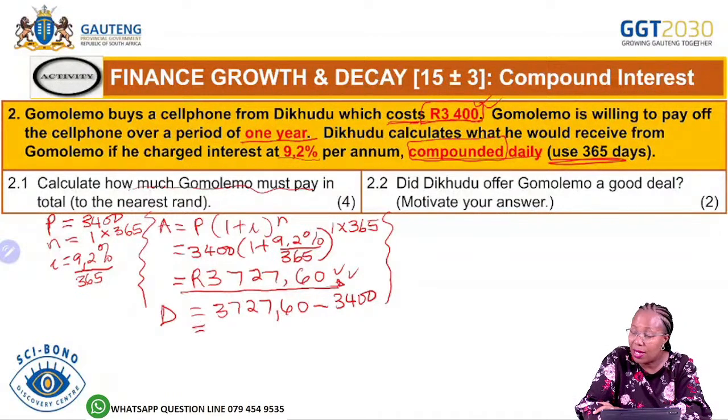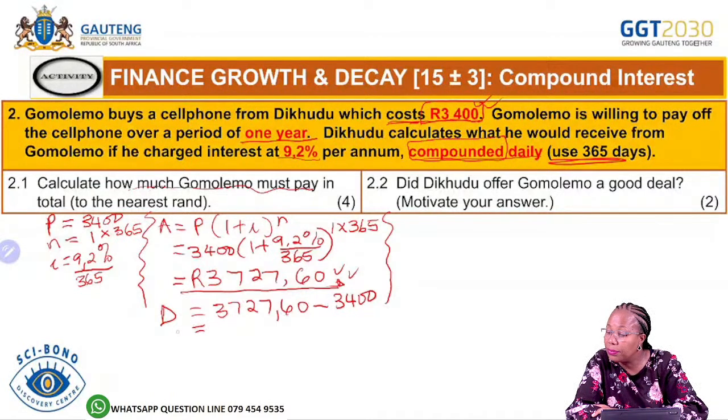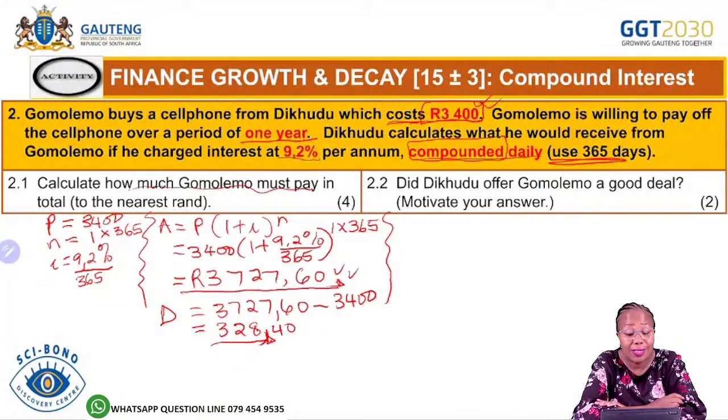So if we minus the 2, we are left with the difference between the two, which is 328.40. Okay, 40 cents there.